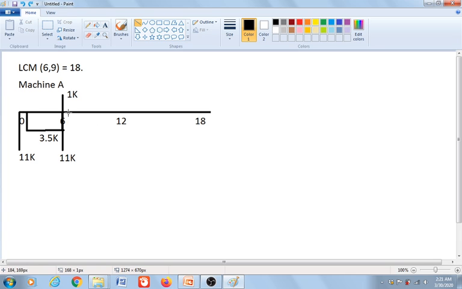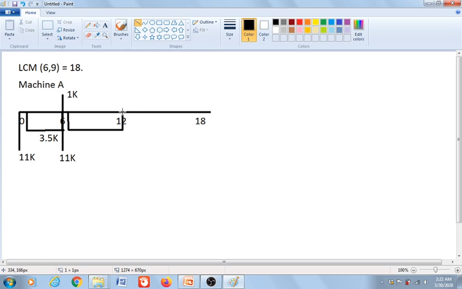Let's start from year 7, over here, until the year 12.